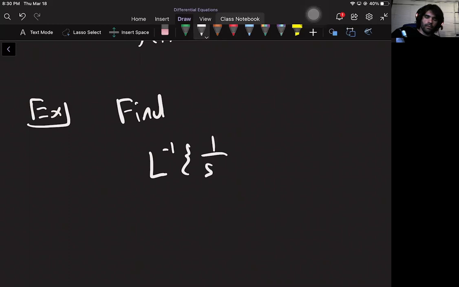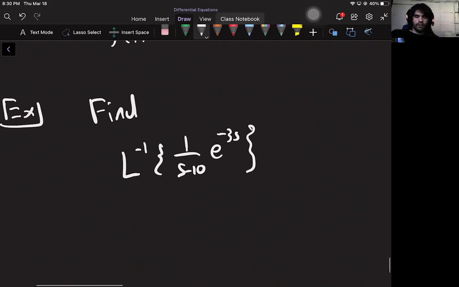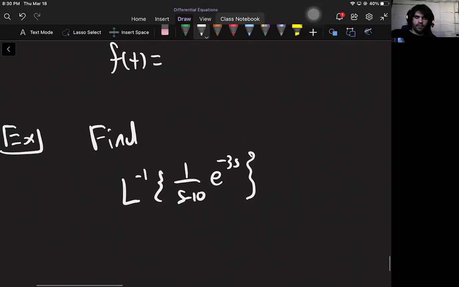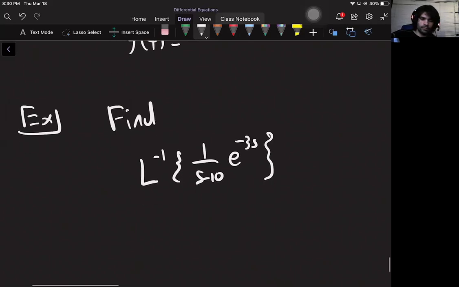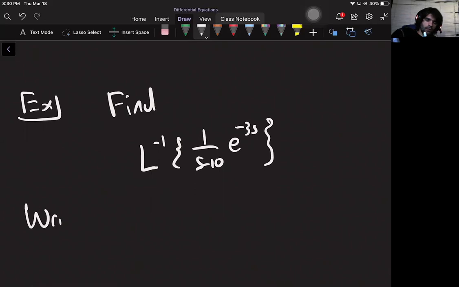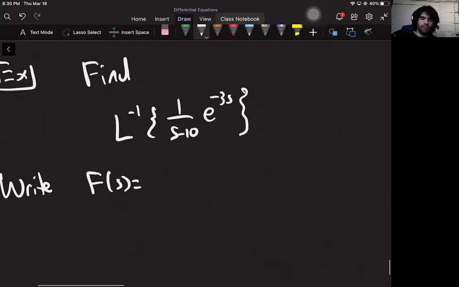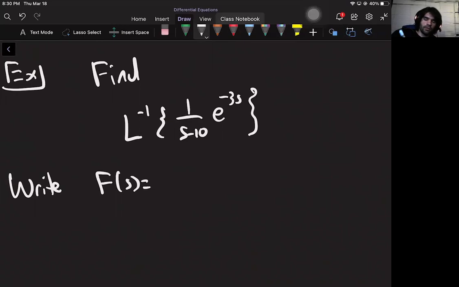1 over s minus 10 times e to the negative 3s. How about that? So the idea is I'm just going to use my formula backwards. What I can do is write this inside business as the result of some Laplace transform, because that's what it is.